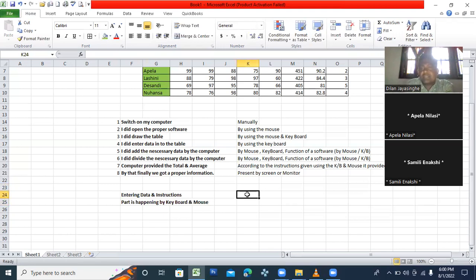Then, according to the data and instructions, performing the entire executing task is happening by the computer, right?